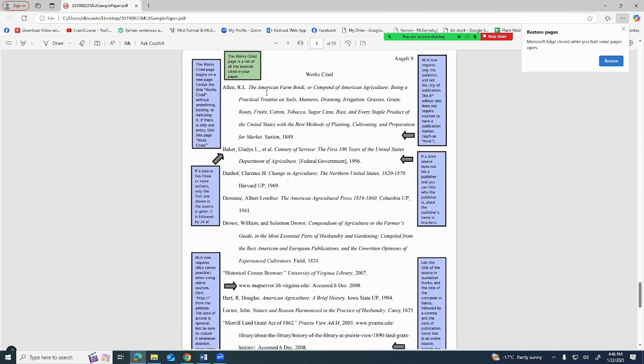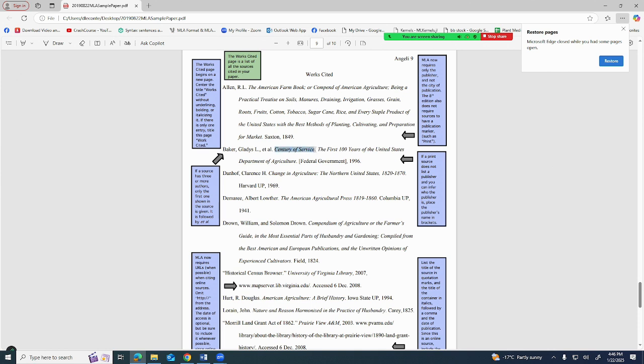Okay, so important things for me here. If it's a book, I want the title of the book, just like that. This one's a long title. And the author, of course. There's the author, Gladys Baker et al., which simply means there's a number of other people that wrote it with her.